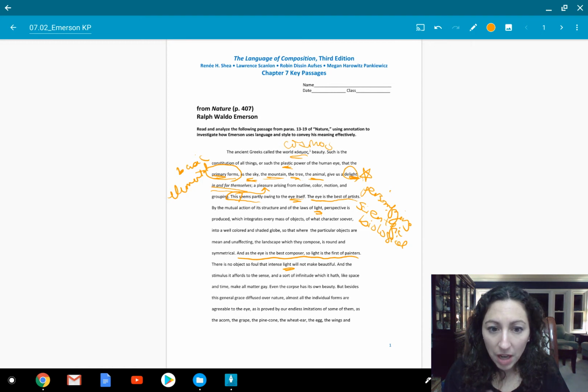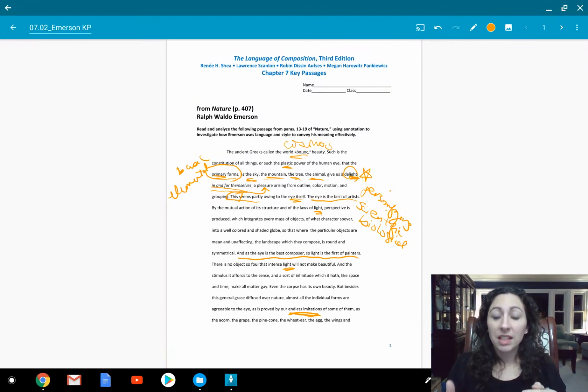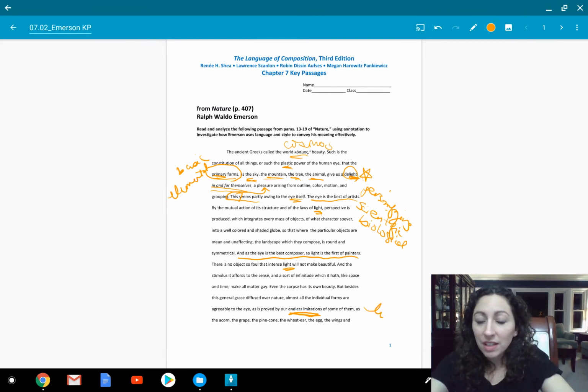Let's skip down to, this is a very long passage, so I'm not going to be able to go over all of it. But I do love how he lists the endless imitation. And so he references an endless imitation, and then it's a bit of form follows function, right? We have this list of images, seemingly endless.